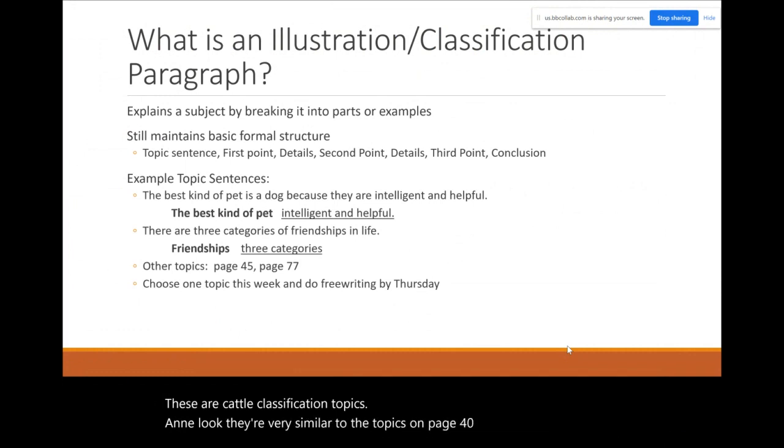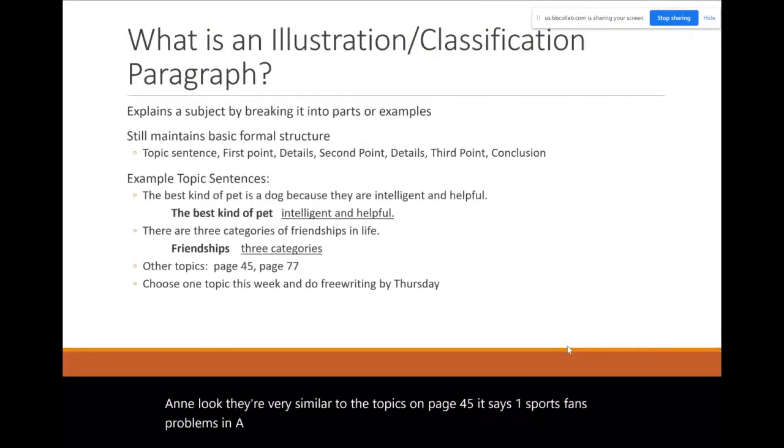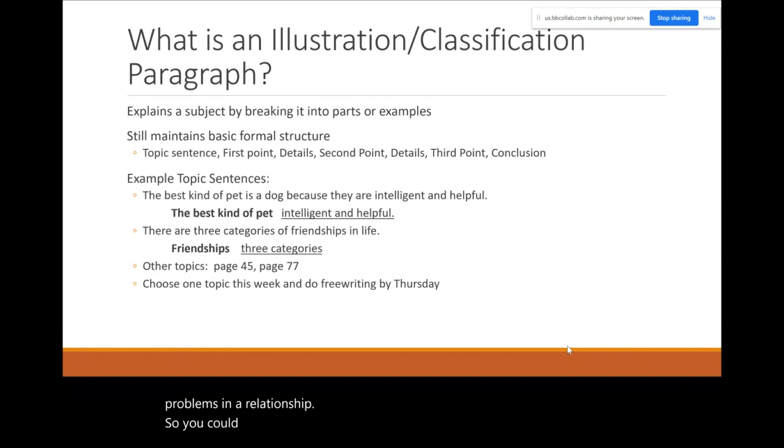It says, number 1, sports fans, problems in a relationship. So you could say all the problems in a relationship come from a lack of communication or immaturity. I can see the paragraph coming right now. For number 2, I could write an essay on this.